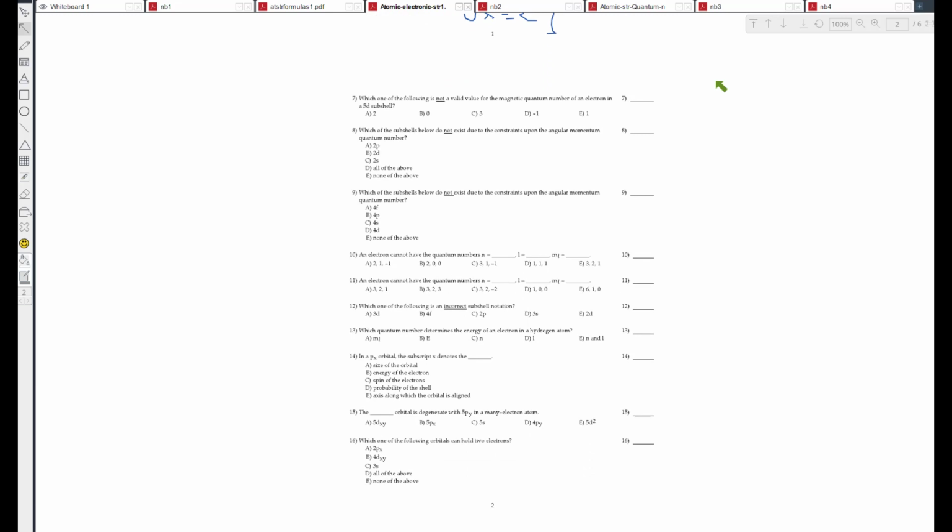Which one of the following is not a valid value for the magnetic quantum number of an electron in a 5D? The ML value. Okay, 5D. Let's see. ML could be 1, -1, 3, 0.